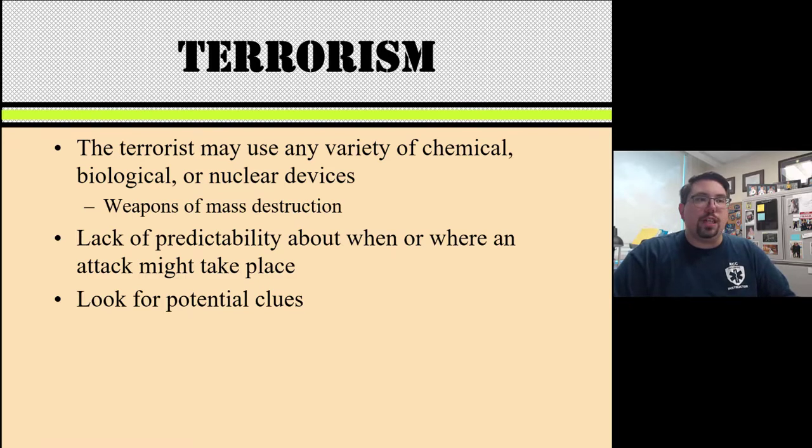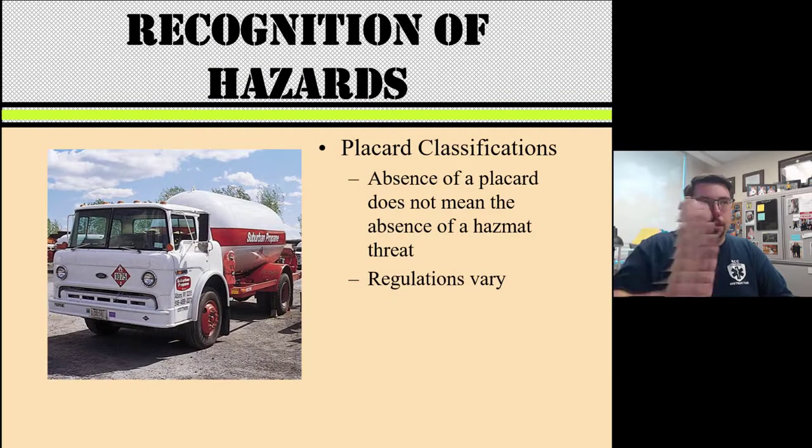Terrorists may use any variety of chemical, biological, or nuclear device, in essence developing a weapon of mass destruction. There's a lack of predictability about when or where an attack might take place, but we can keep our head on a swivel, paying close attention for potential clues at the scene, looking for things that just don't seem to fit or don't belong in that circumstance.